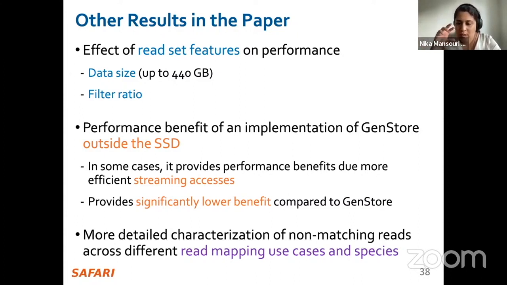Because sequencing machines generate reads in batches, we can sort and merge different batches. We compared that throughput with the throughput of sequencing and base calling, and we realized that the throughput of that step is much higher than sequencing and base calling. So it can be integrated within the same pipeline: sequencing, base calling, and this pre-processing, without changing the overall throughput of input data generation. So we envision it to be integrated as part of the same pipeline.